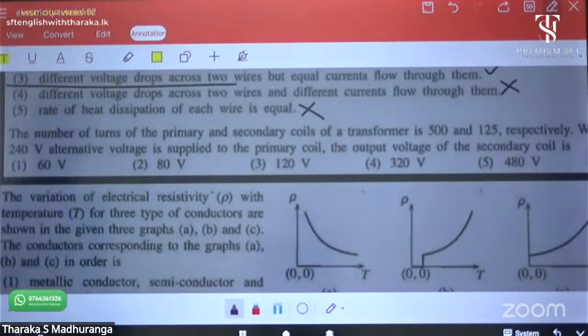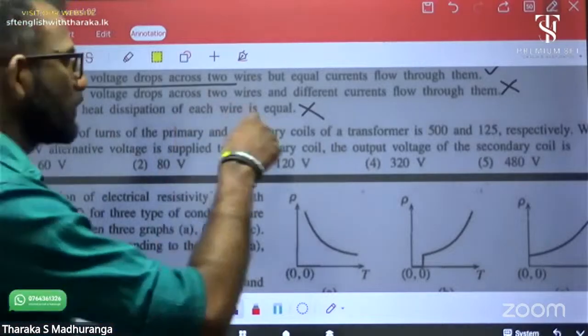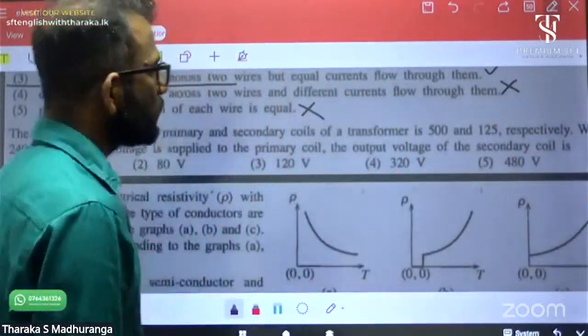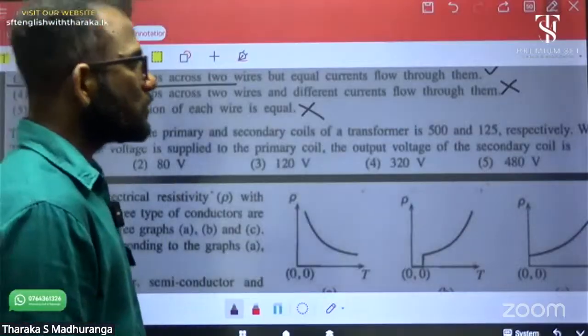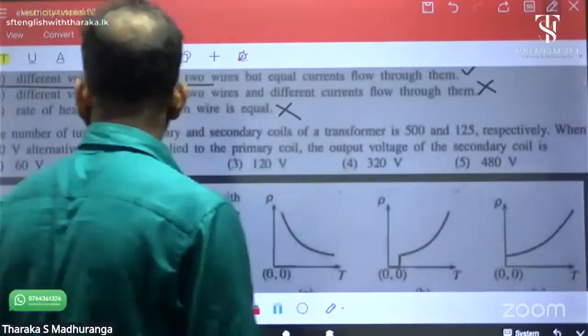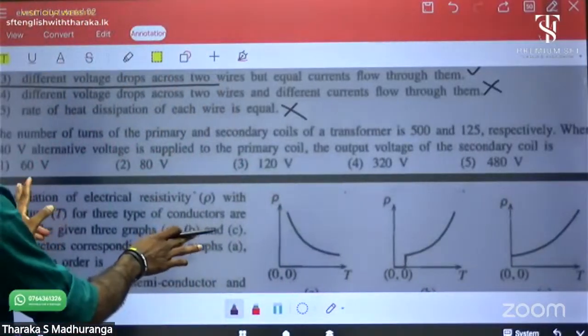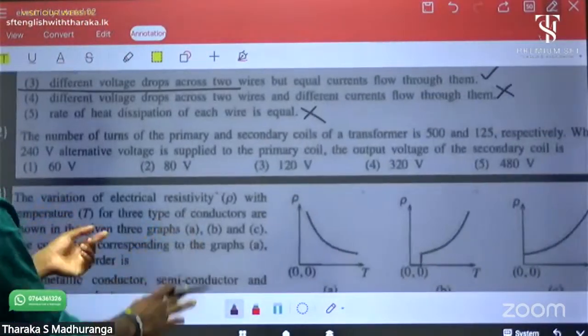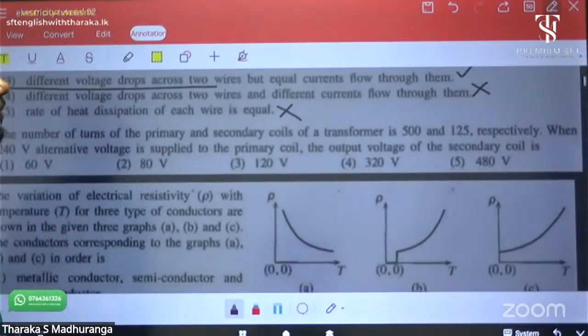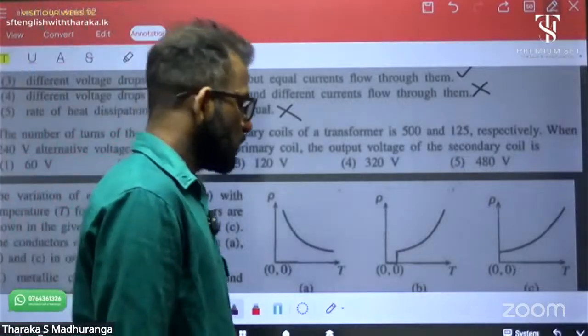Question 2. The number of turns of the primary and secondary coils of a transformer is 500 and 125 respectively. When 240 V alternating voltage is supplied to the primary coil, the output voltage of the secondary coil is?